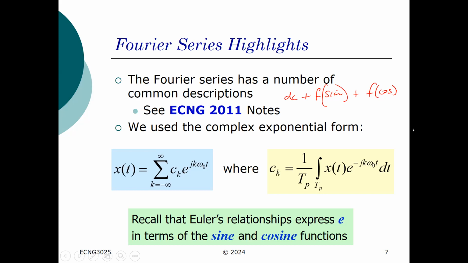But as we saw, there's a way through the complex exponential e that you can relate sine and cosine through Euler's formula. Once you do that, you are able to get the Fourier series into a complex exponential form, which looks like the 2 equations that we have below.